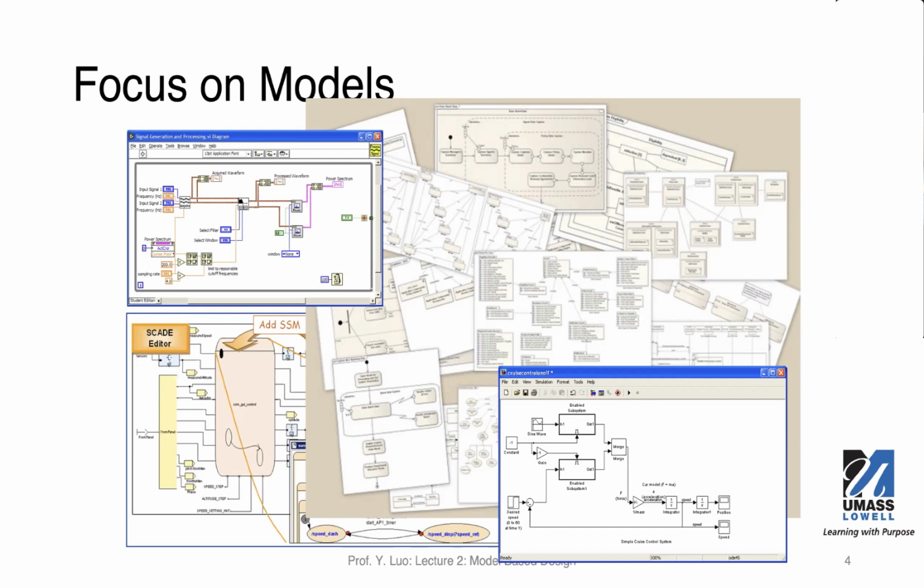The models will define what are the input signals, what will be the frequency of the input signals, how many sensors there will be, and what will be the metrics or the physical properties that they will measure.